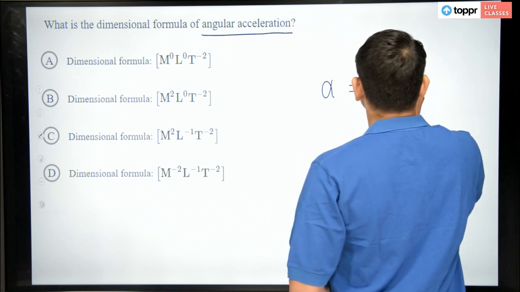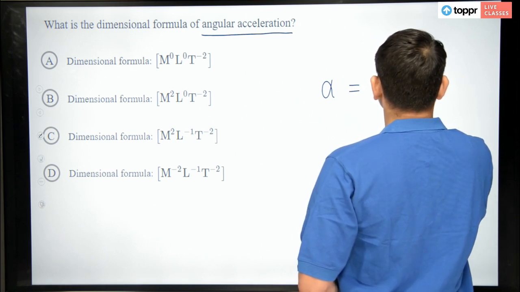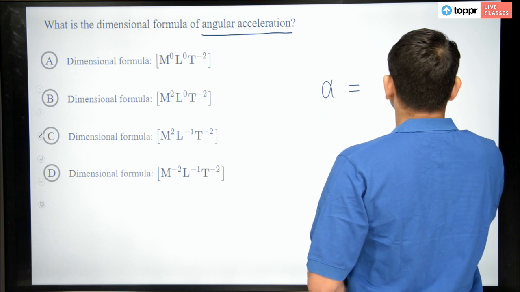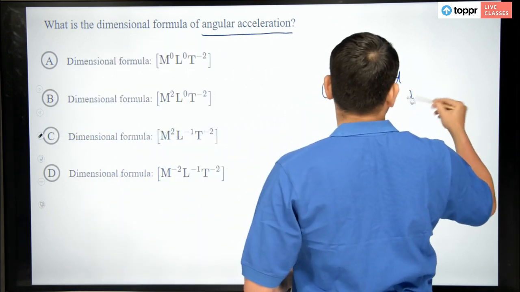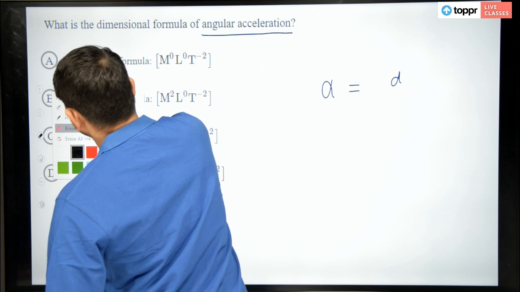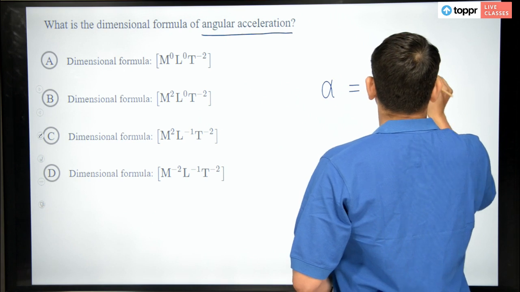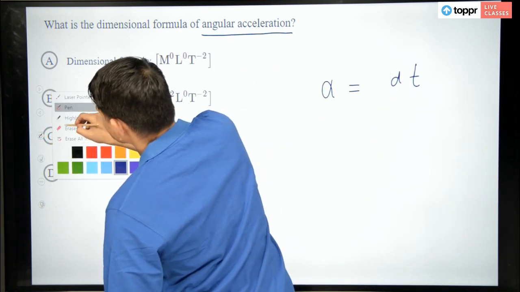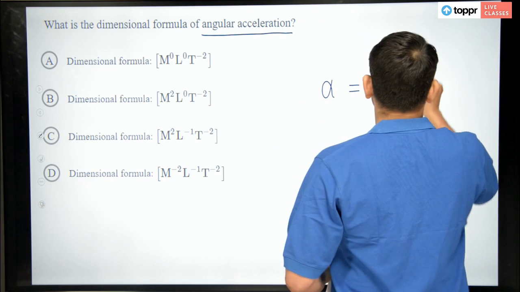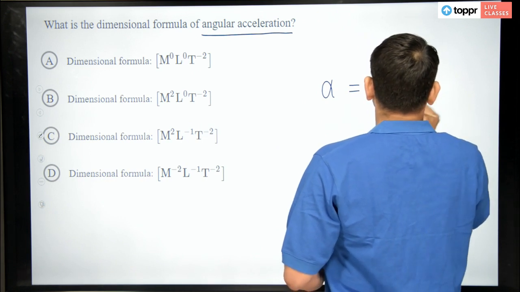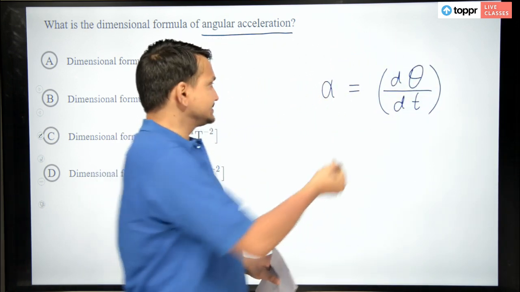So it would be d theta by dt, and d theta by dt is angular velocity.